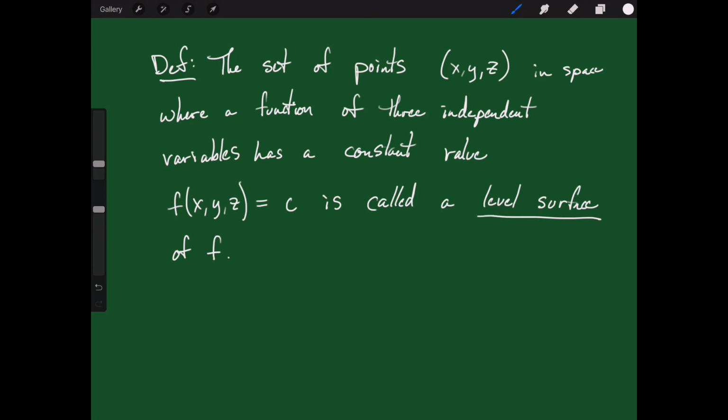But we can still look at their cross sections in 3 dimensions. So just like the cross section of a 3-dimensional object is a 2-dimensional object, the cross section of a 4-dimensional object is a 3-dimensional object, which we can then look at. Okay? Think about this for a second.